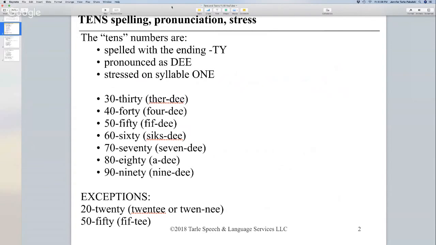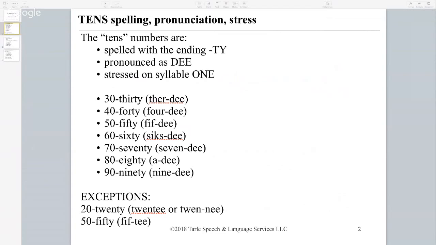Some of it has to do with sounds, and one of the other tricks that we're going to be working on tonight is word stress and how to make those words sound different. So let's start with the tens. So the tens would be 30, 40, 50, 60, 70, 80, 90.